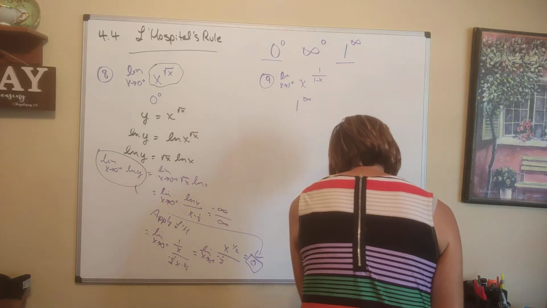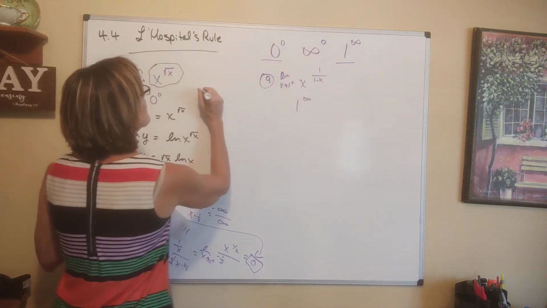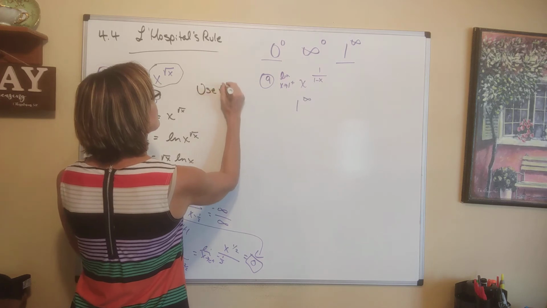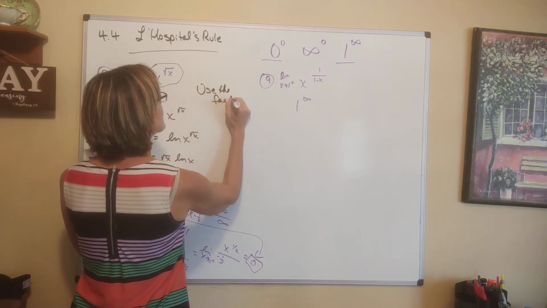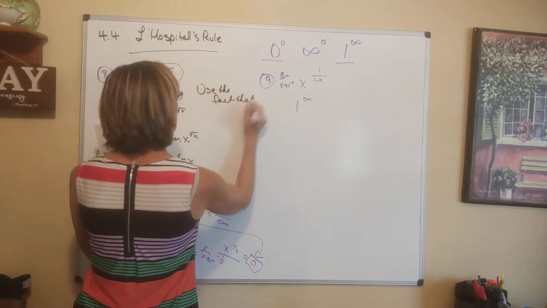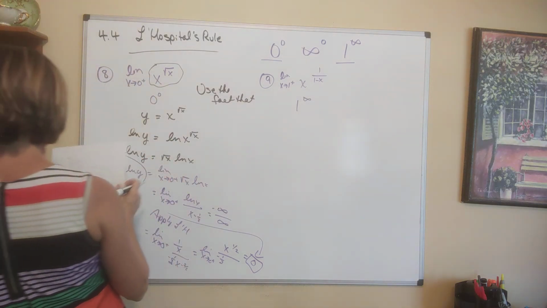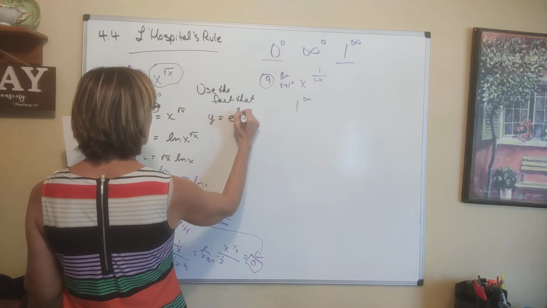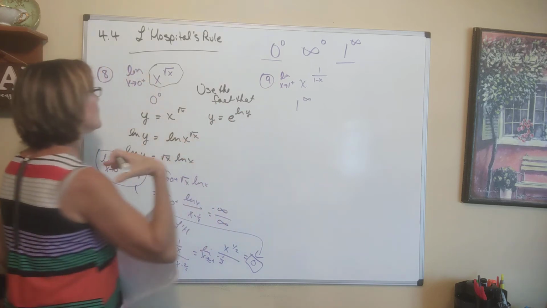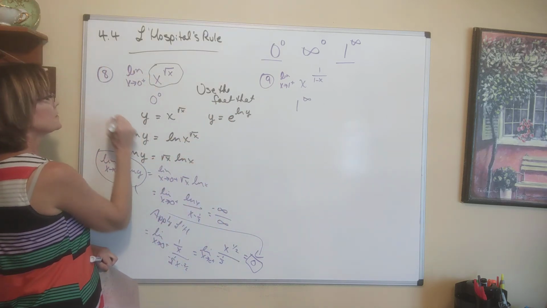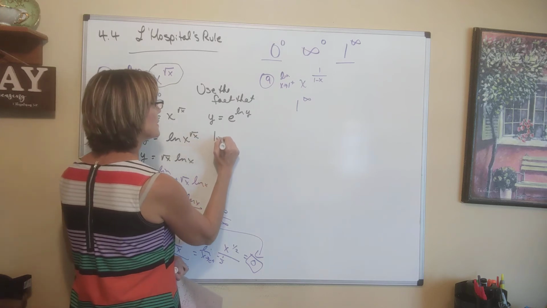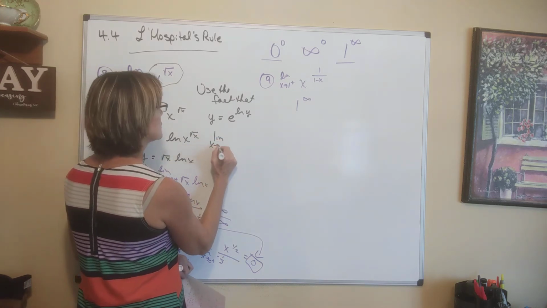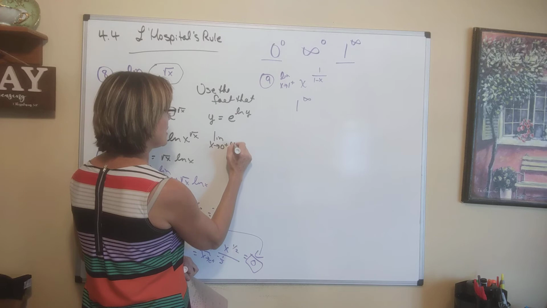Use the fact that y is equal to e to the natural log of y. What we want is the limit as x goes to 0 from the right of y.